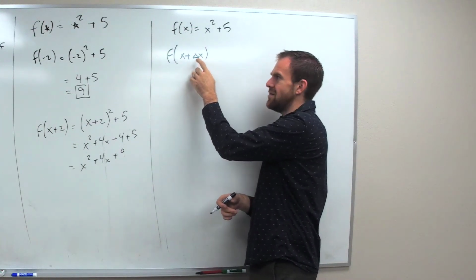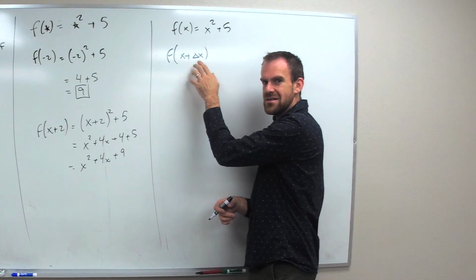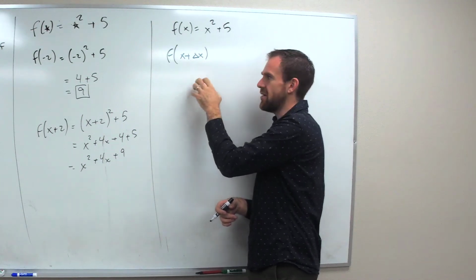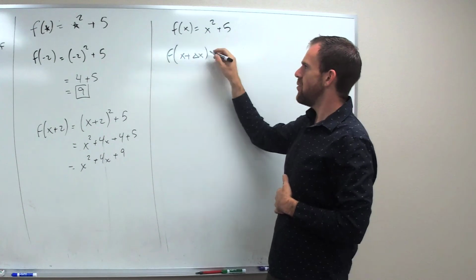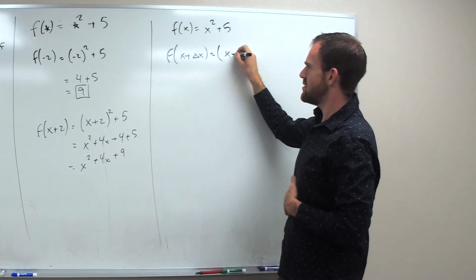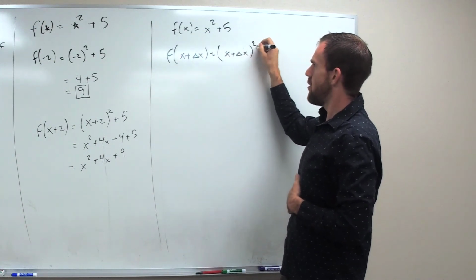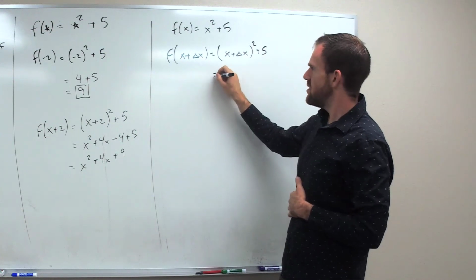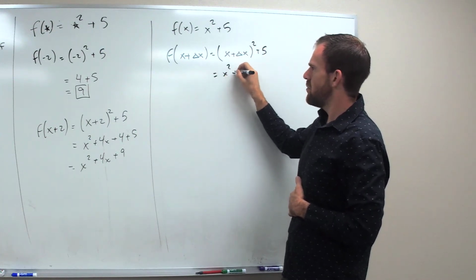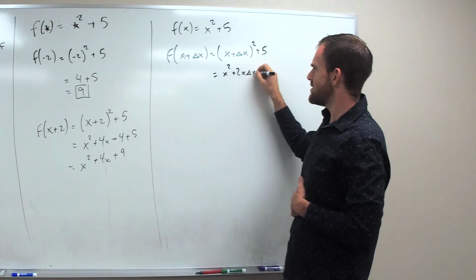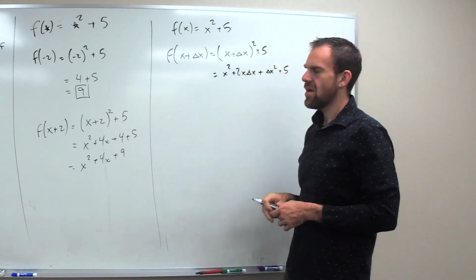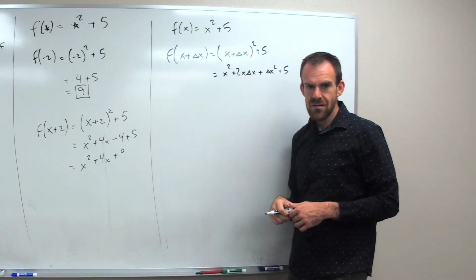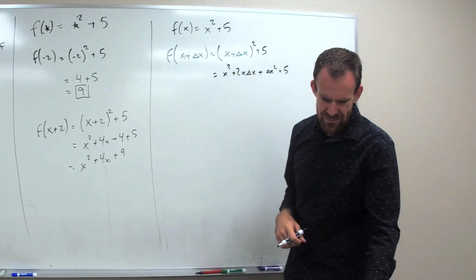It's not triangle times x. It's delta x. It's one thing. So regardless of what they give me, I'm going to plug that in for x in parentheses. So this equals x squared plus 2x delta x plus delta x squared plus 5. Gross? Yeah. But that's what we have.